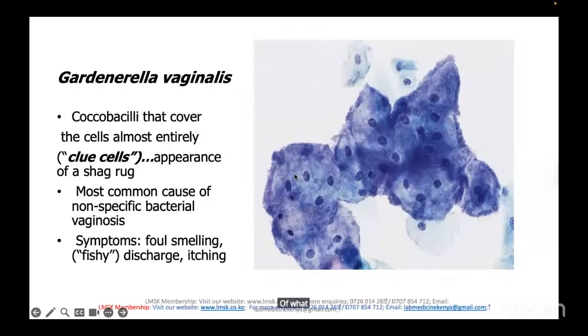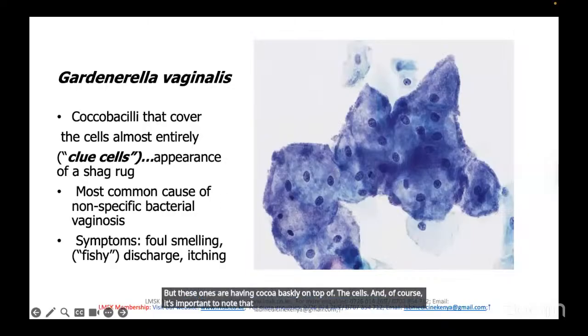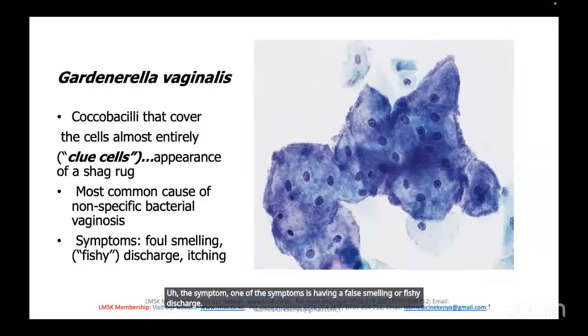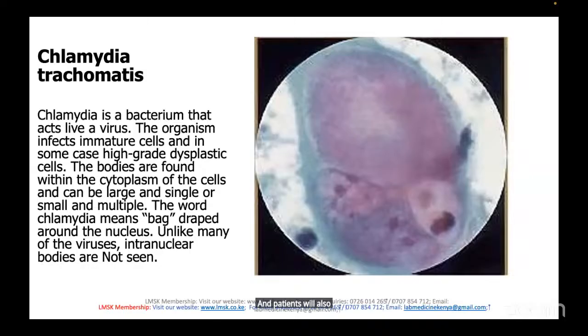It is not the clear superficial cells that we usually see, but these have coccobacilli on top of the cells. Of course, it's important to note that one of the symptoms of bacterial vaginosis is a foul-smelling or fishy discharge, and patients will also complain of itching.